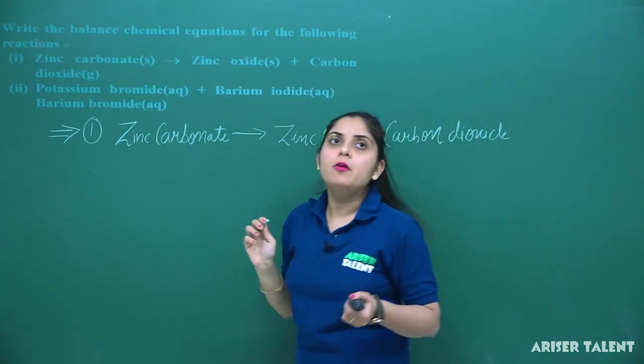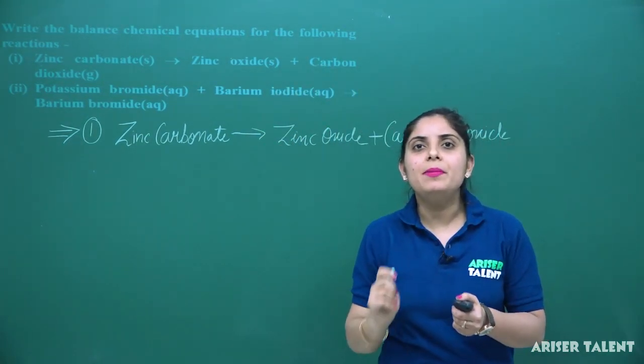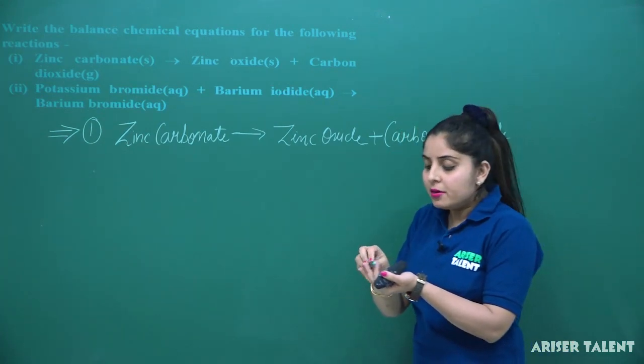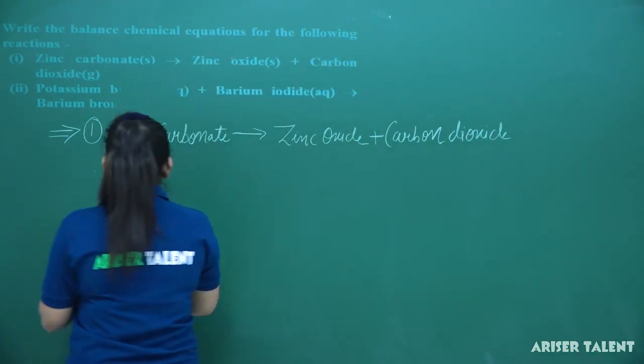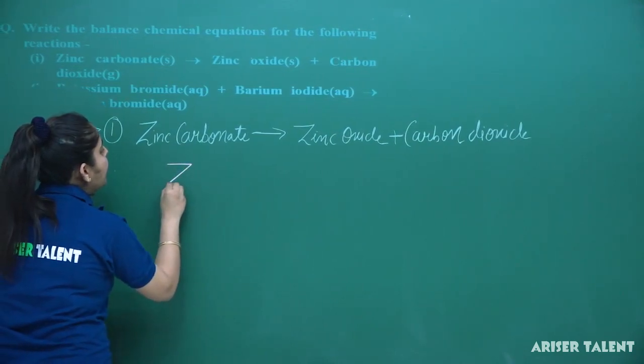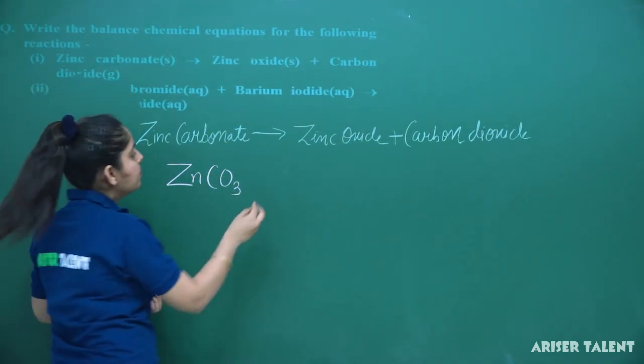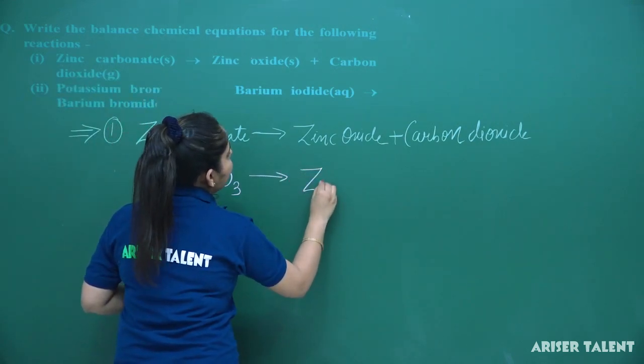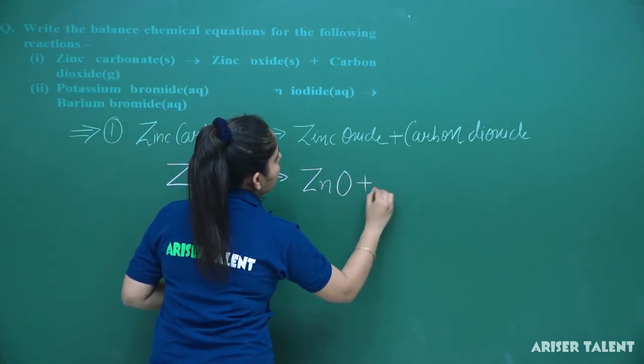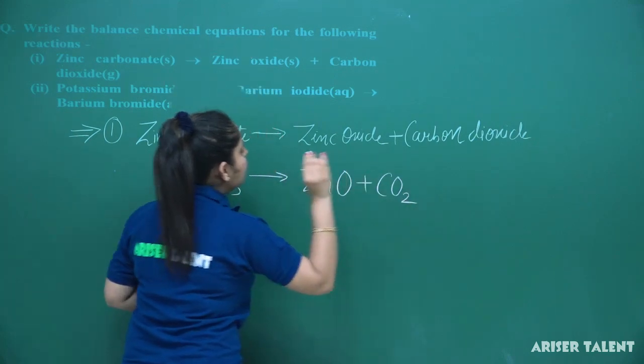Now we have to write the complete balanced equation for this statement. Zinc carbonate is ZnCO3, zinc oxide is ZnO, and carbon dioxide is CO2.